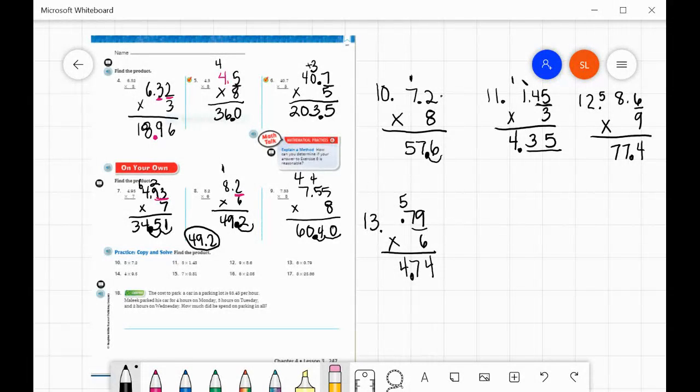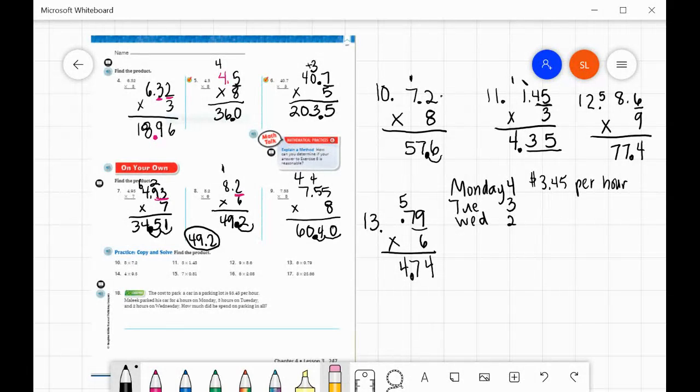Malik parked his car for 4 hours on Monday, 3 hours on Tuesday, 2 hours on Wednesday. Okay? And it costs $3.45 for each hour.